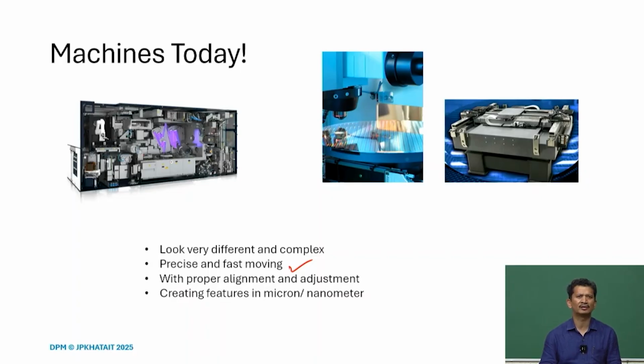The products we make, the parts we make, they are still affordable within the price. At the same time, the alignment, adjustment, they are in place so that we get the right quality. And many times what we also realize is that these machines are used to create features in micron or even nanometer level, so that we can make things in a very small footprint.